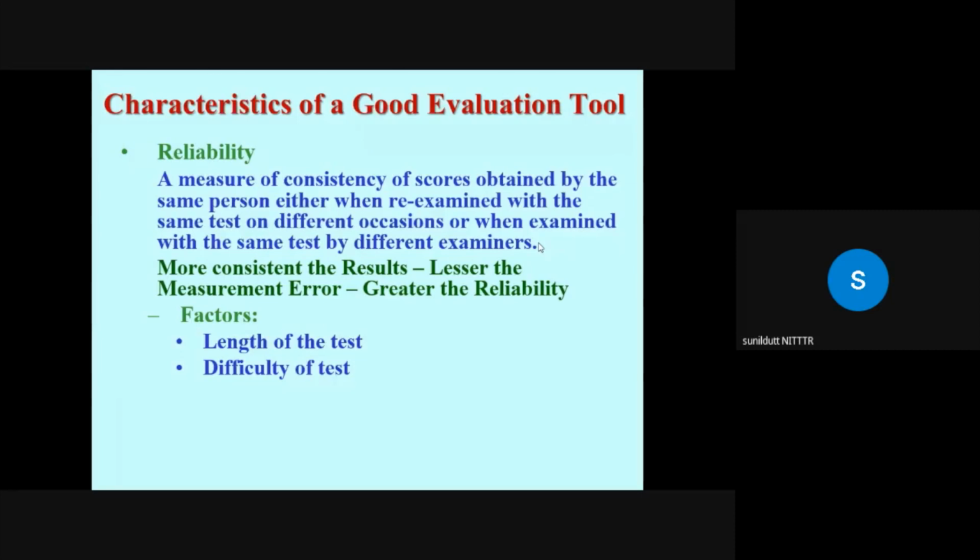The student who got 85 marks by evaluation by one teacher, and if his answer sheet is marked by another teacher, he may not get the same marks. कभी 89 हो सकते हैं, कभी 81 भी हो सकते हैं.